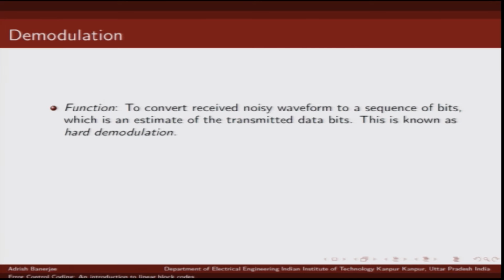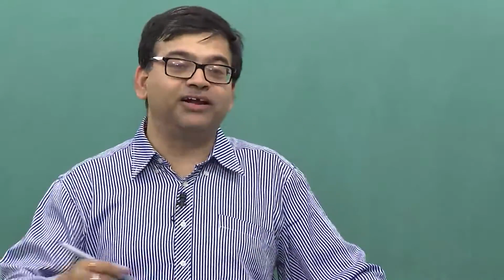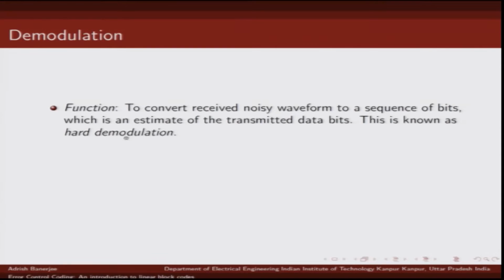Now, the next block in our digital communication system was demodulation. So, what does demodulation do? As a result of passing through the communication channel, we get a very noisy waveform, and from that noisy waveform you want to get an estimate of what the transmitted bits are. When we try to demodulate and get back the original bits, zeros and ones, that is known as hard demodulation.